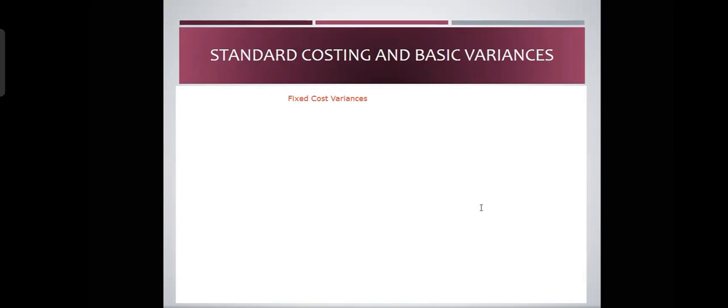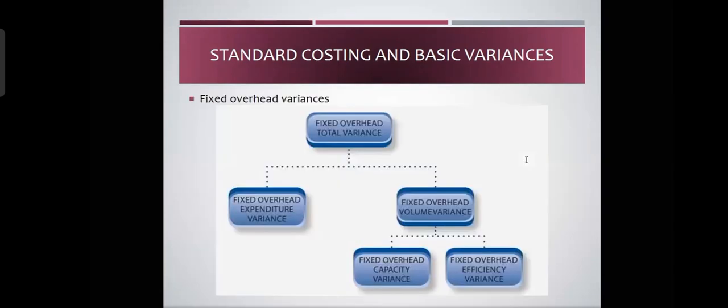So this is a simple background of fixed overhead variances. This is a figure. I would suggest you either write it down in your notebook or just take a snap of that. You should have it with you. You should see it a few times so that it remains in your memory.